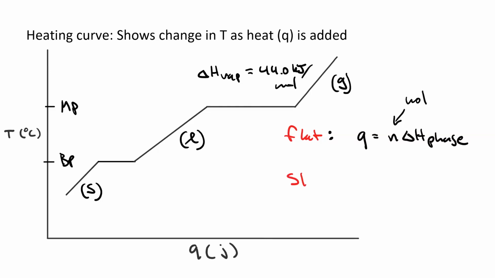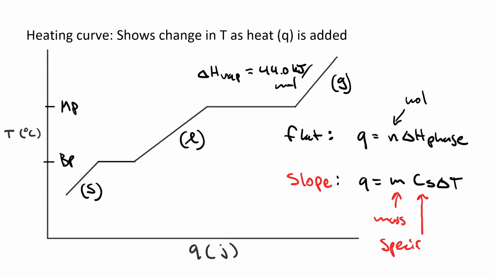On the sloped portions, however, you use a different equation, Q equals m c_s delta T, where m is the mass of substance that you have, c_s is something called the specific heat, and delta T is the change in temperature. It's the final temperature, T_f, minus the initial temperature, T_i.